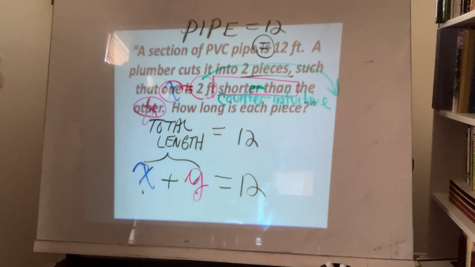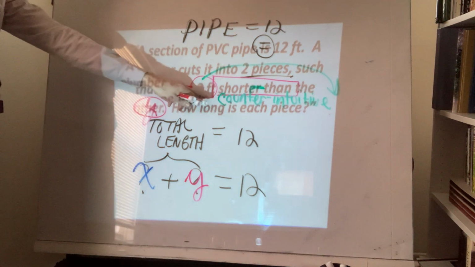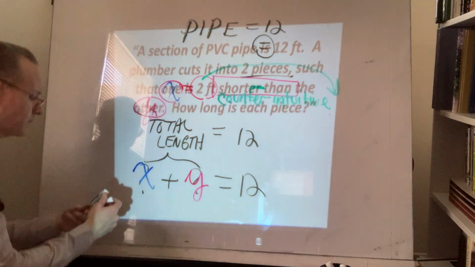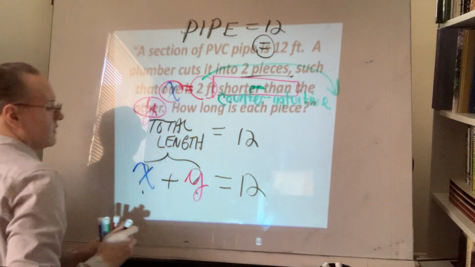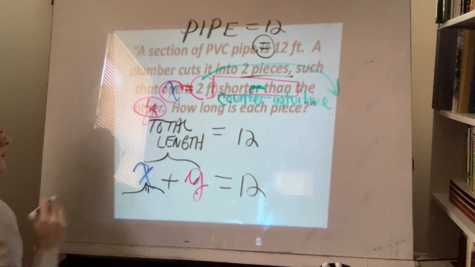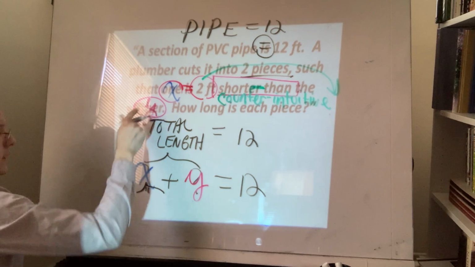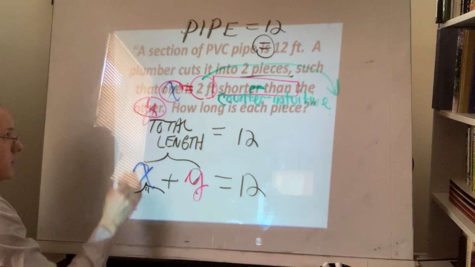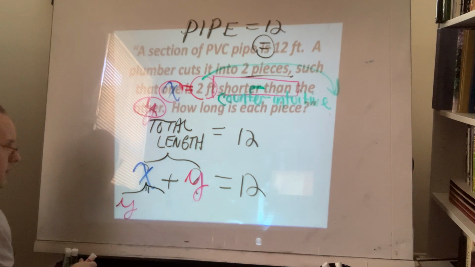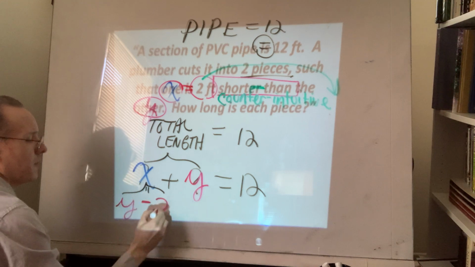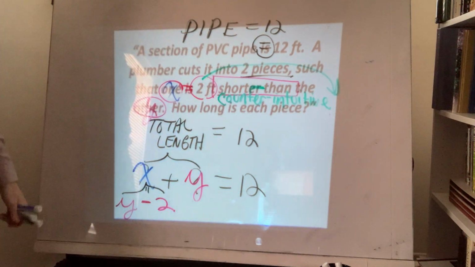So, X is this. Down here, I'm going to squeak this in. X is Y, the other, quote unquote, minus 2. And now I have an equation.